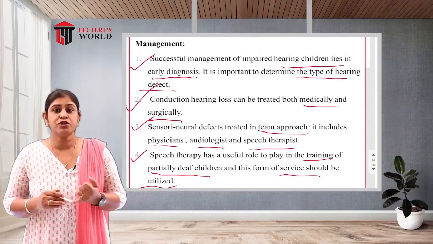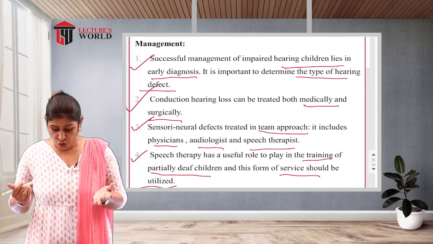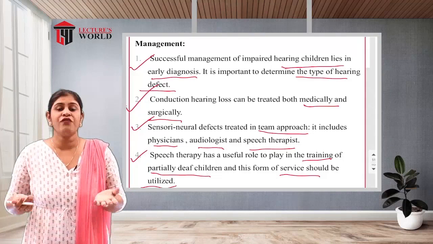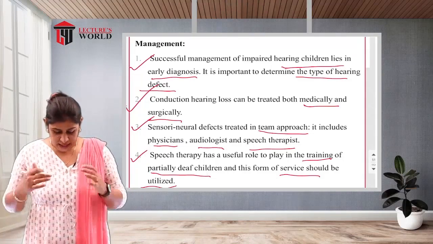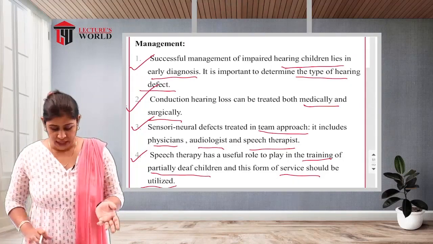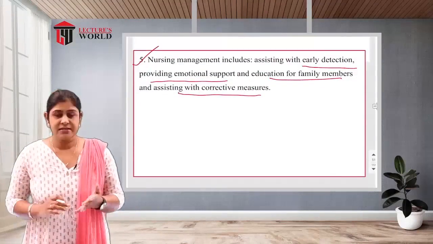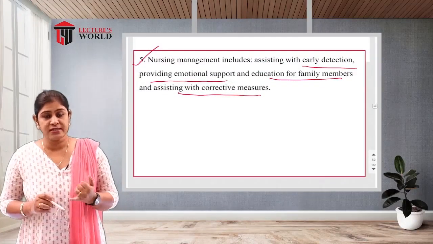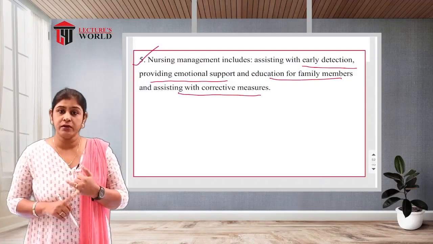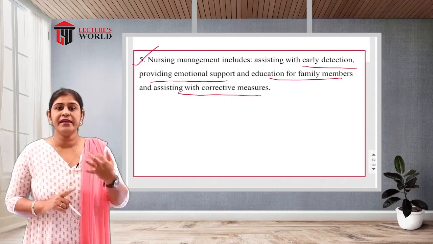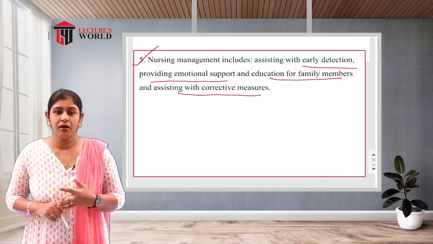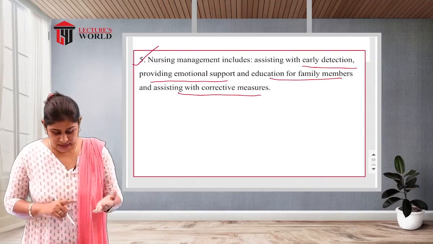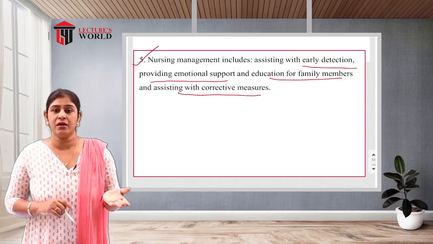Speech therapy has a very useful role to play in the training of partially deaf children, and this form of service should be utilized. Nursing management includes assisting with early detection, providing emotional support, education for the family members and assisting with corrective measures.